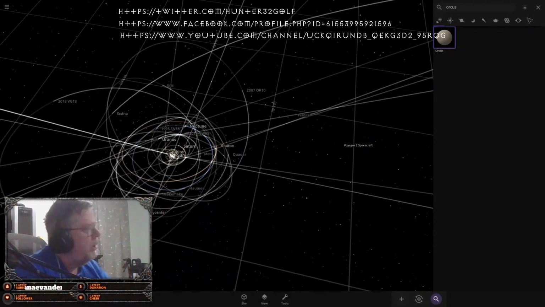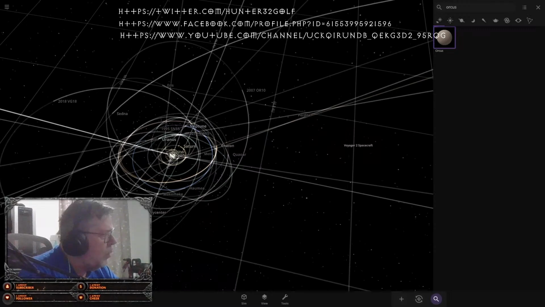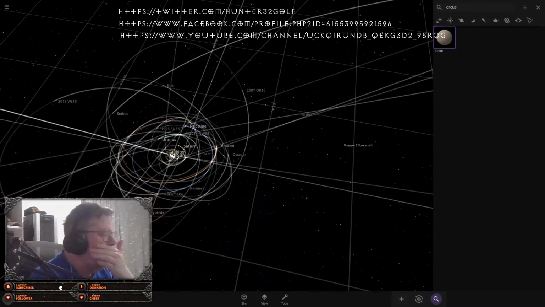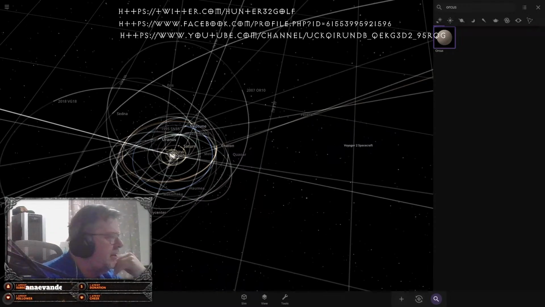It is roughly 20 astronomical units wide, starting at about 30 astronomical units and going to 50 astronomical units. The Kuiper Belt is completely within the heliosphere.